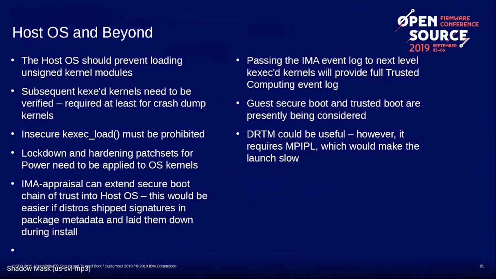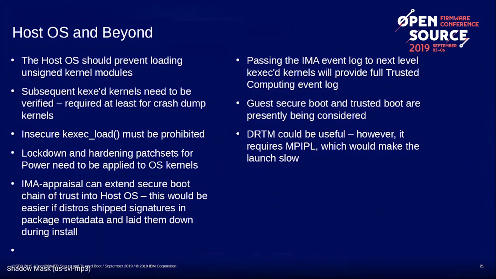And we don't directly control that, but we'll certainly levy features against distros to harden the kernels. And in particular, kexec load needs to be prohibited. Everybody needs to use kexec file load, so you can kexec these signed kernels, so even your crash dump kernel should be signed. And as I mentioned, we need the power lockdown and hardening patches.